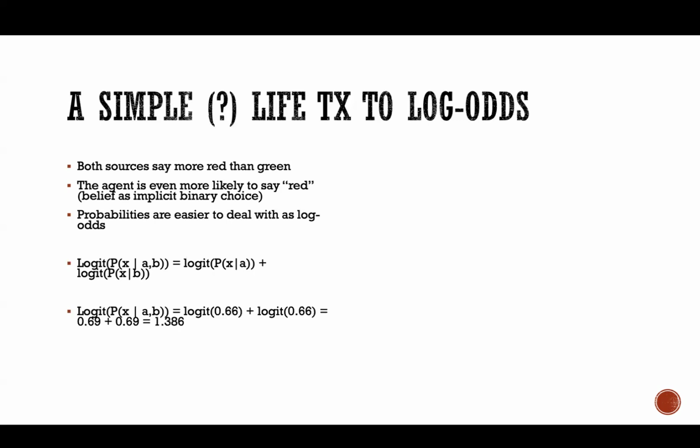Which is, right, log odds of 0.66 plus log odds of 0.66 is equal to 0.69 plus 0.69, which is equal to 1.386, which, if we invert the logit, tells us that there is a probability that the agent will pick red with an 80% chance.